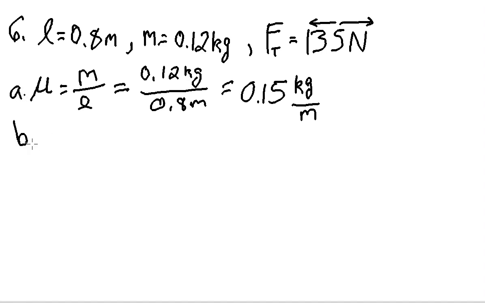So B asks us to find the velocity, or the speed, of this wave. So there's a new equation that I need to show you. Now, we already saw from our lab last week that velocity is directly proportional to the force of tension. Remember, we stretched our string out, or our slinky out, and the speed of the wave was faster.